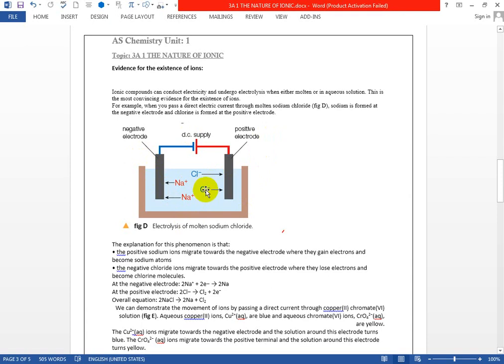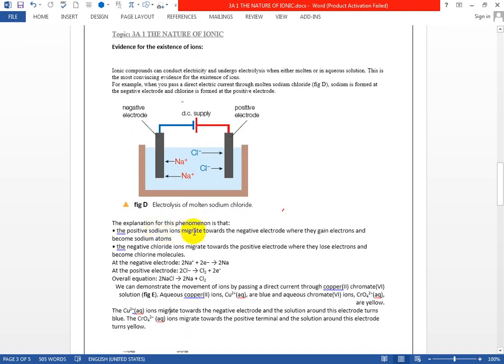The positive sodium ions migrate to the negative electrode, where they gain electrons and become sodium atoms. The negative chloride ions migrate toward the positive electrode, lose electrons and become chlorine atoms. So this is the overall reaction.